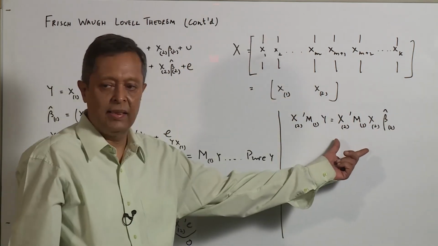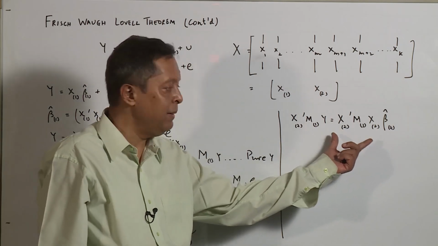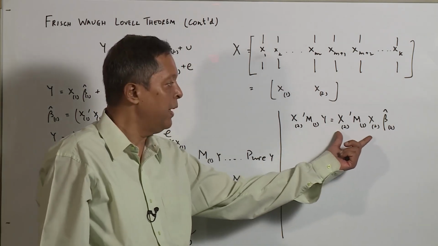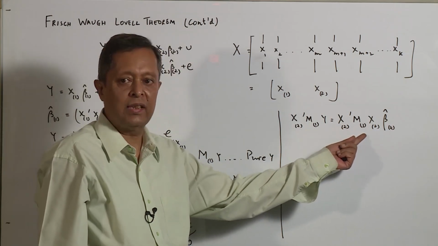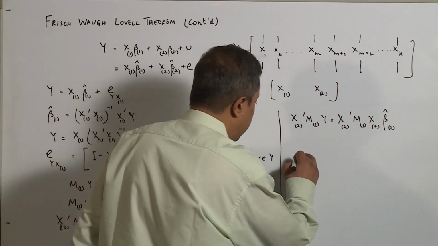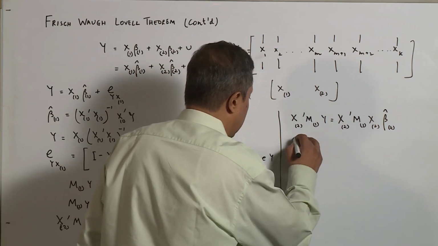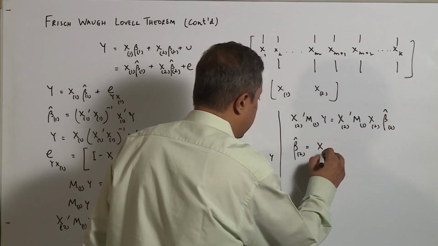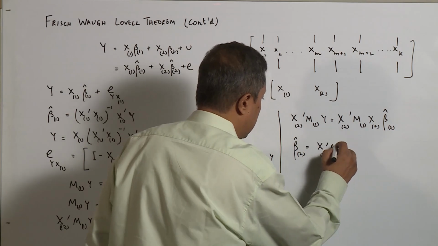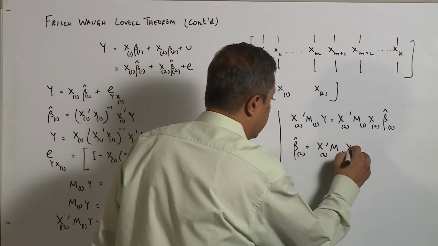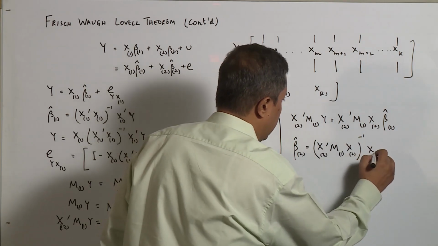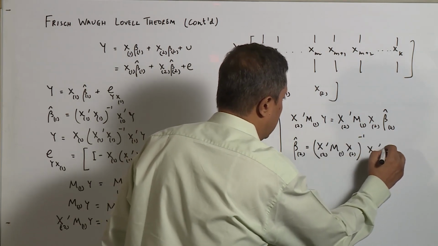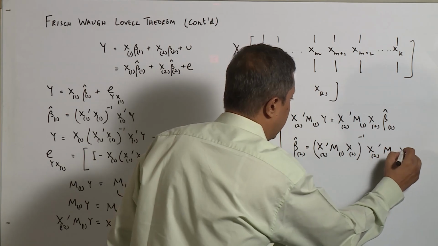So, what is this? This is nothing but x' x when x is replaced by x2 purified of the effect of x1. So, therefore, beta 2 hat is (x2' M1 x2)^-1 x2' M1 y.